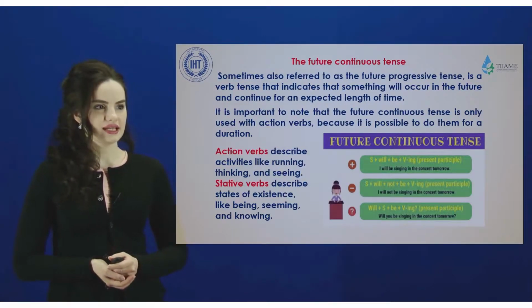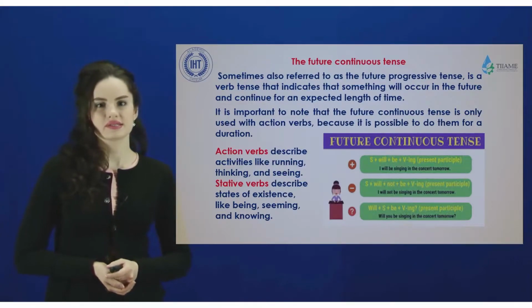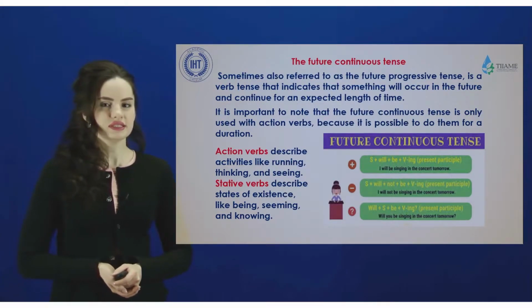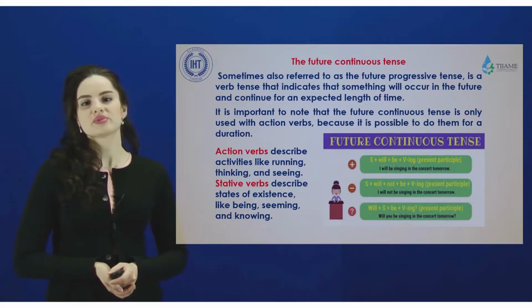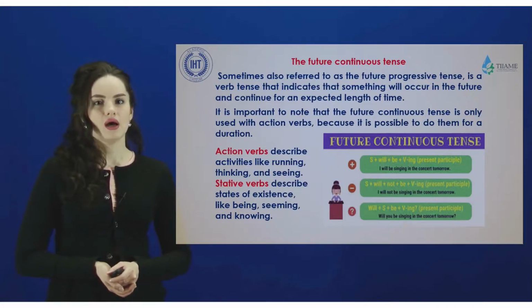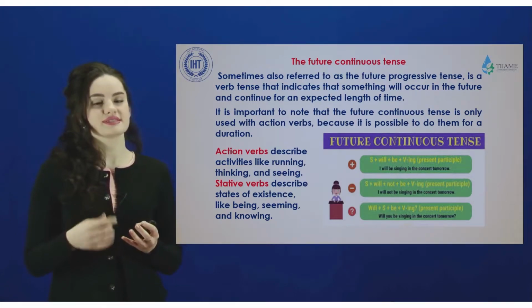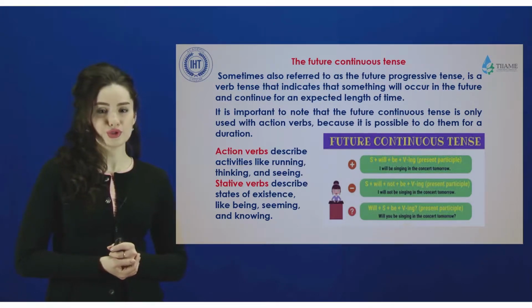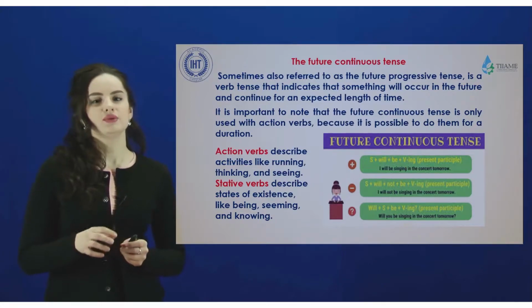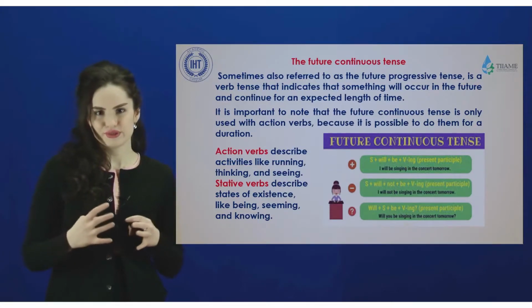The next tense is future continuous tense. Future continuous tense is also used in order to mention our plans or to emphasize some events in the future, but here you would like to emphasize some particular period of time.